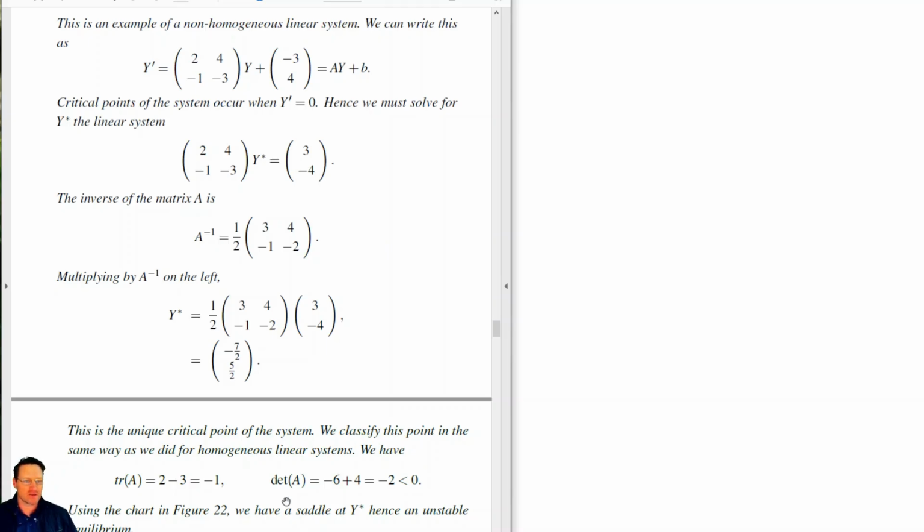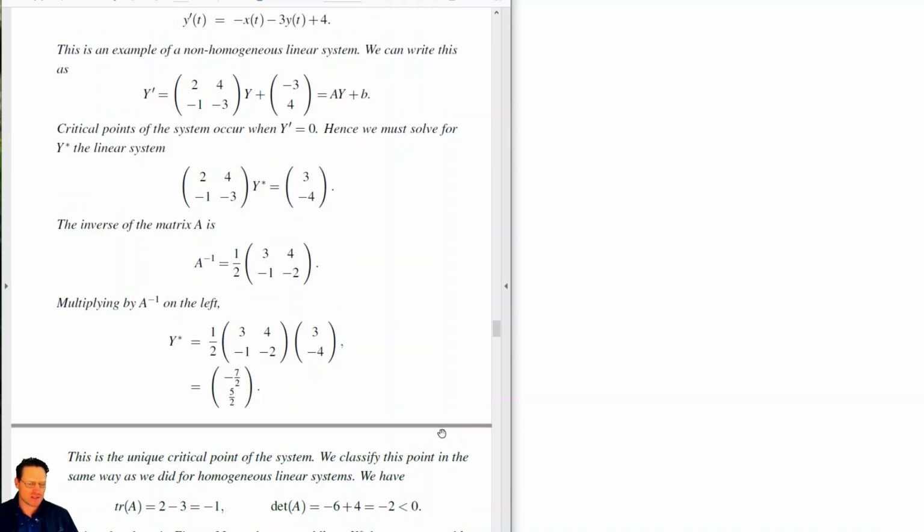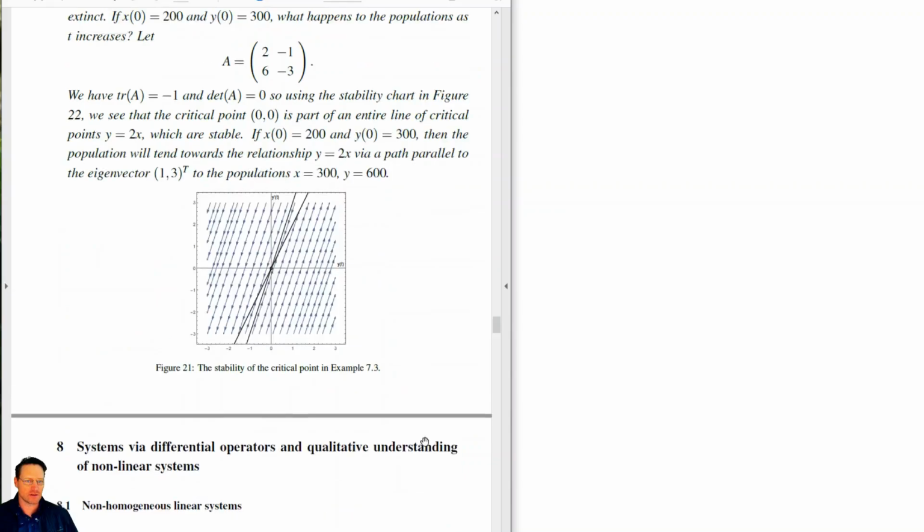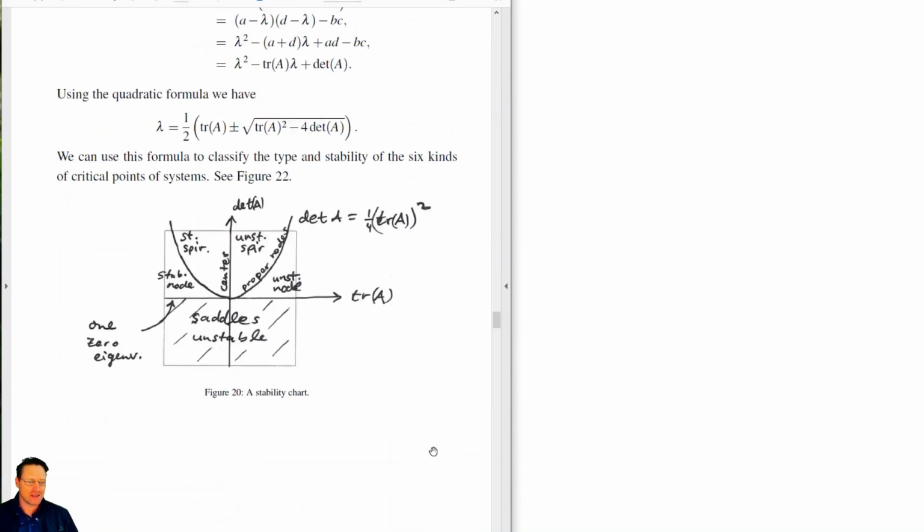The determinant of the matrix is 2 times minus 3, which is minus 6, and then minus 4. So minus 6 plus 4 is minus 2. Now that's negative. So if we look at the chart on the previous page in week 7, we'll see that we have a saddle. We've got a negative determinant, so that's a saddle.